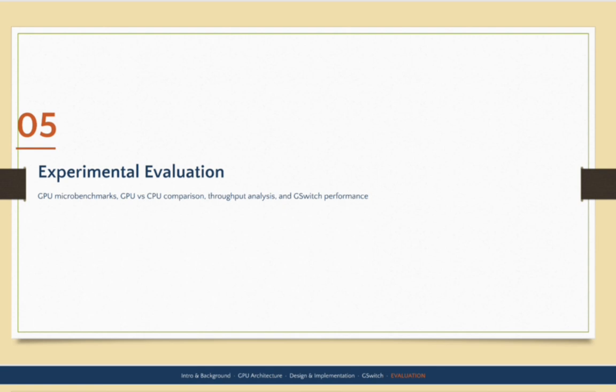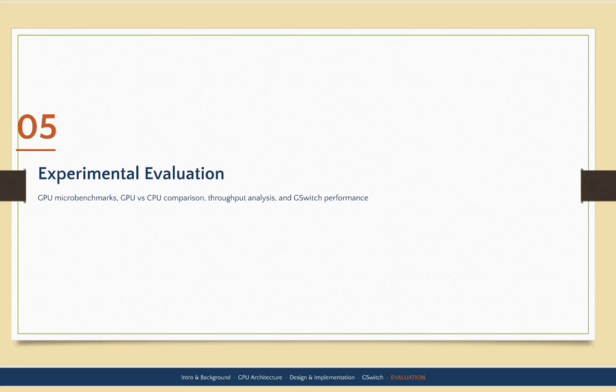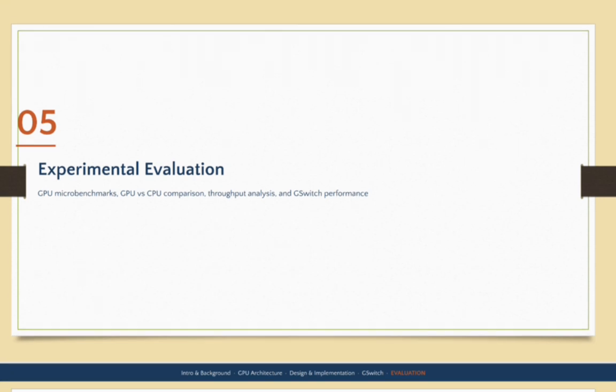Different rule sets and network scenarios were tested to evaluate the throughput and the overall performance of G-switch. The following slides present the main results and conclusions.